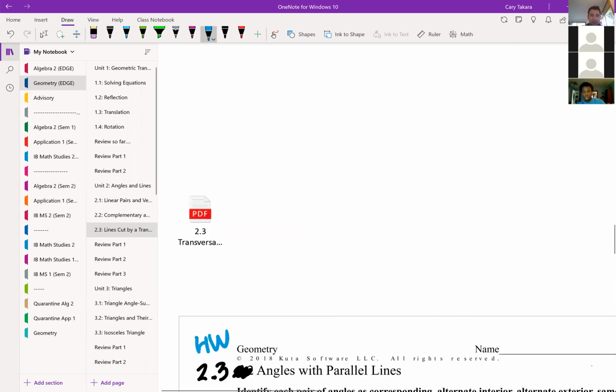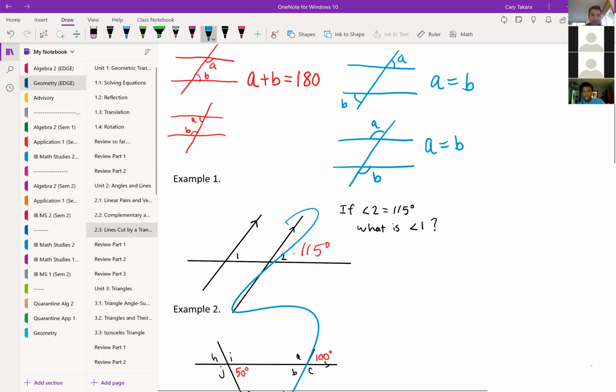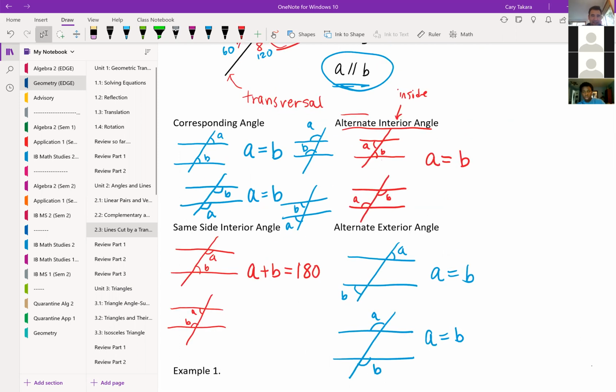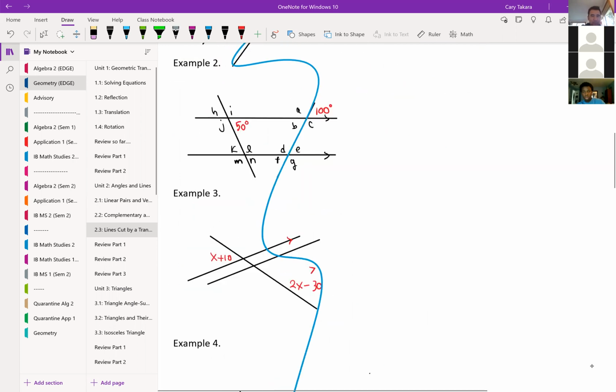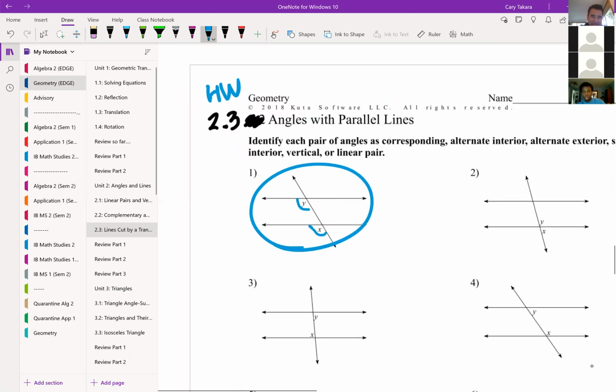So now I go back. Same side interior: if you say same side interior, both of them should be inside the two parallel lines. But for this one, one is outside and one is inside, and they're on the same side, isn't it? Just remember that.